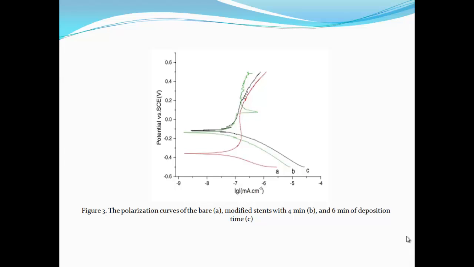Figure 3 here shows the polarization curves of the bare and modified stent under 4 minutes and 6 minutes. The data above is calculated and indicates the outstanding electrochemical nobility and stability of the titanium dioxide modified stent compared with the bare stent.